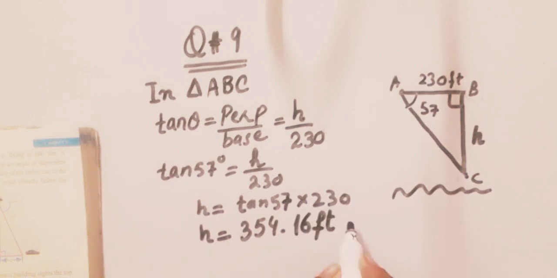So this is the answer of this question. Now a very interesting question, question number 10. An escalator from the ground floor to the second floor of a department store is 110 feet long and rises 32 feet vertically. What is the angle of elevation of this escalator?